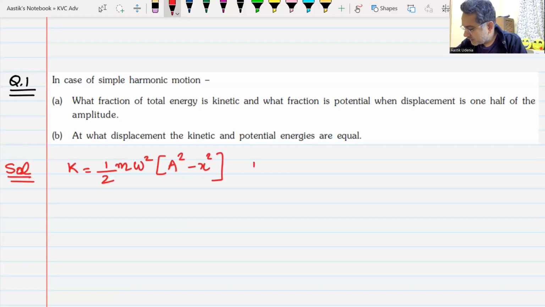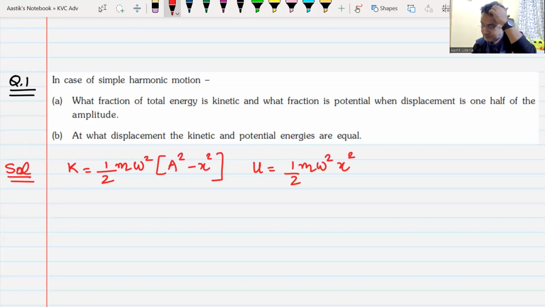And potential energy is half m omega square into x square. When the displacement is half, you just need to put the value of x. What is the value of x you need to put? x will be equal to a by 2. Yes or no?